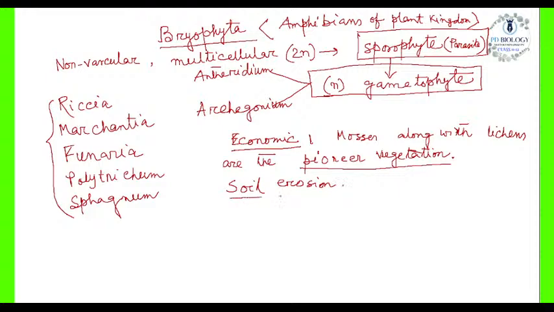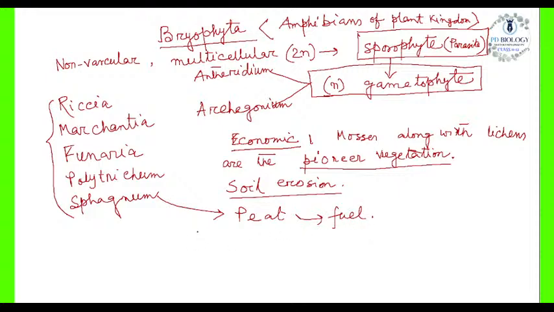Sphagnum is called peat moss, used as fuel.